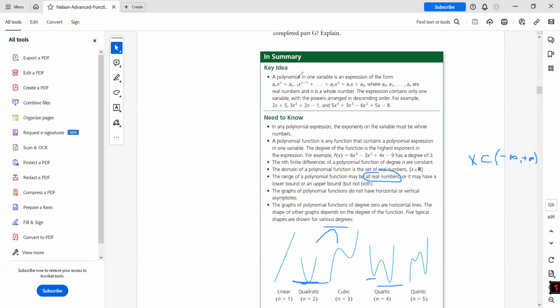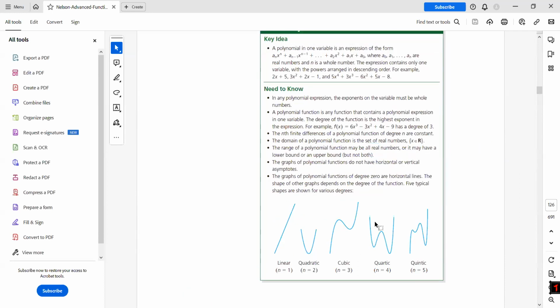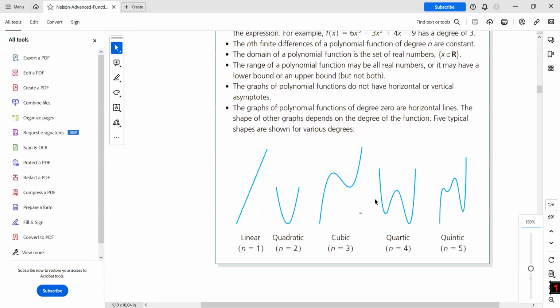And it would be nice if you can memorize the shape of each one of these standard functions up to 5th power. It's not so hard. So the first property that you have to remember is that the number of vertices of a polynomial function is one less than its degree.